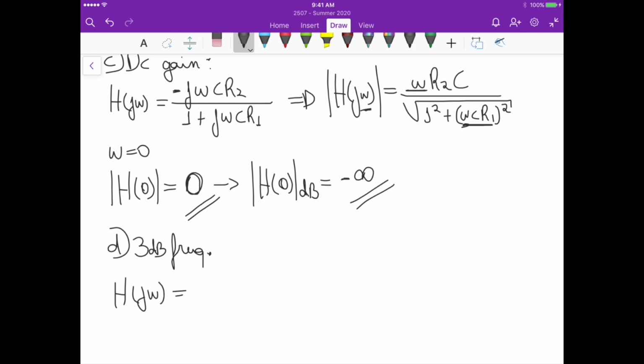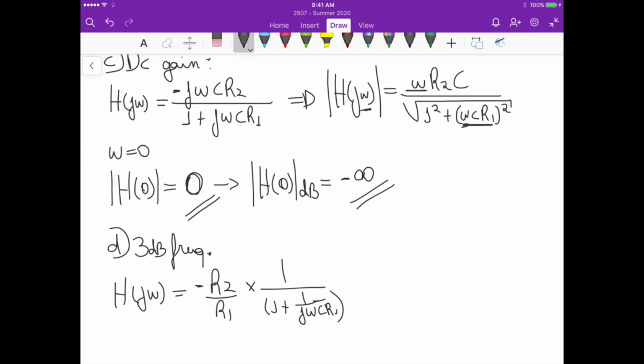And this is equal to R2 over R1, times 1 over 1 plus 1 over j omega C R1, right?